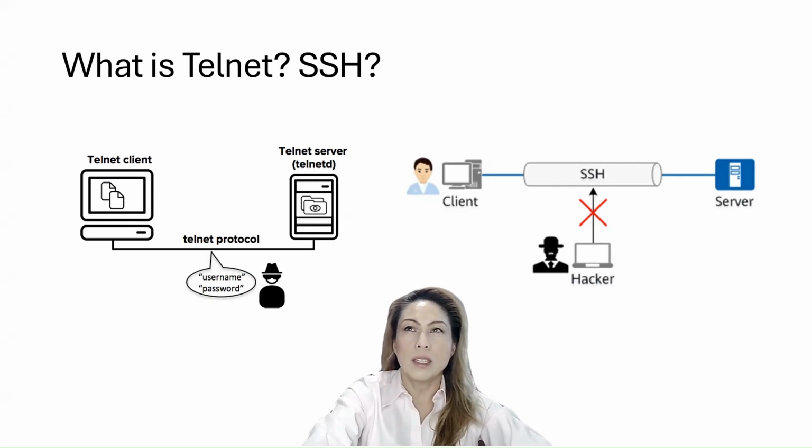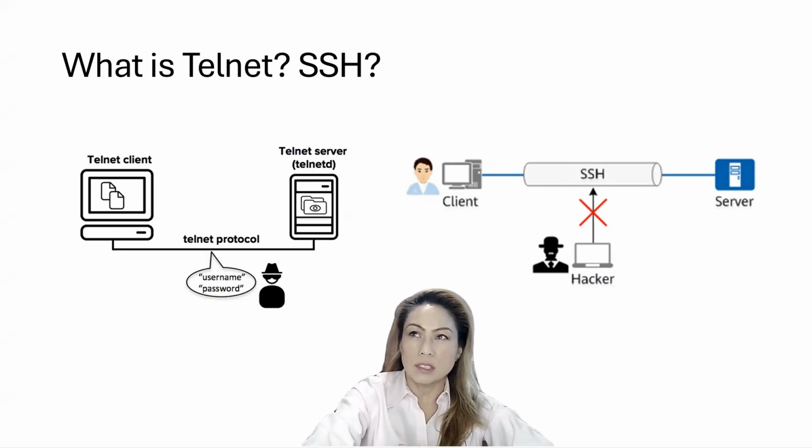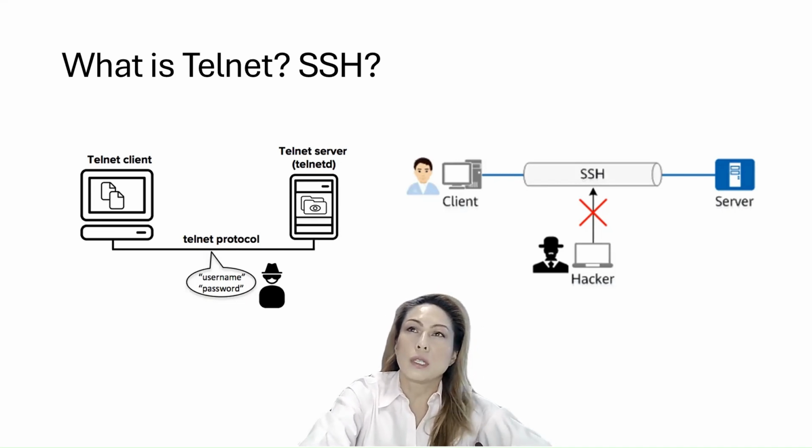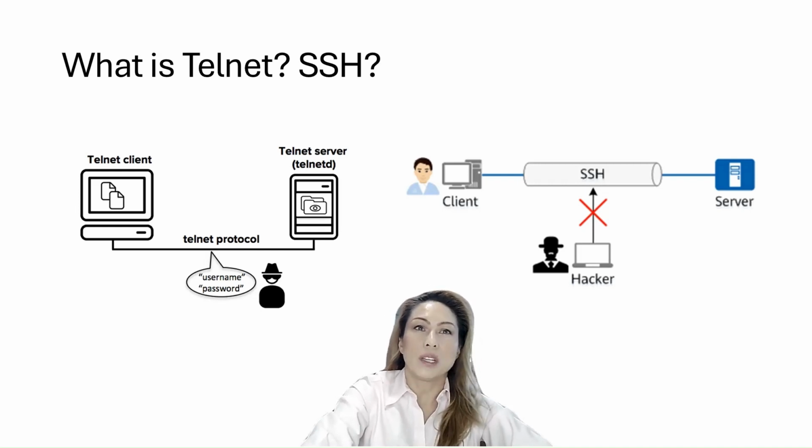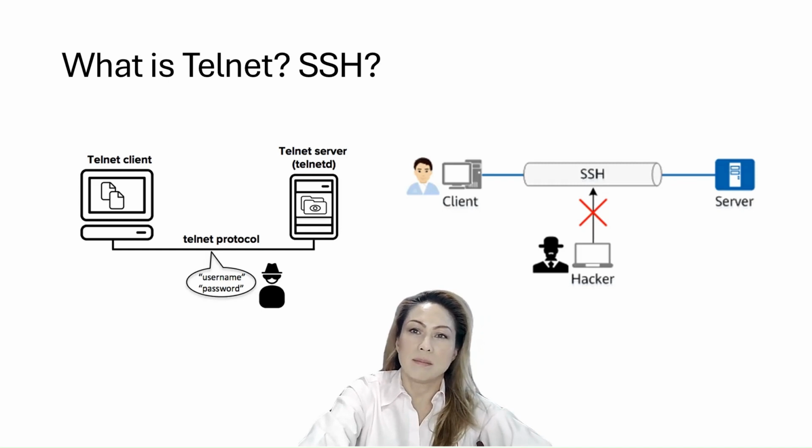So a better option is a remote access protocol alternative, which is SSH, secure shell, because it provides more security and privacy over an unsecured network, and it's encrypted. So then hackers won't be able to see what you're sending and receiving.